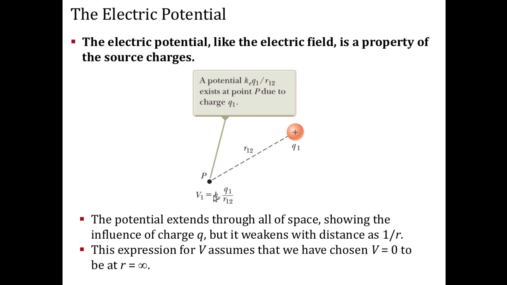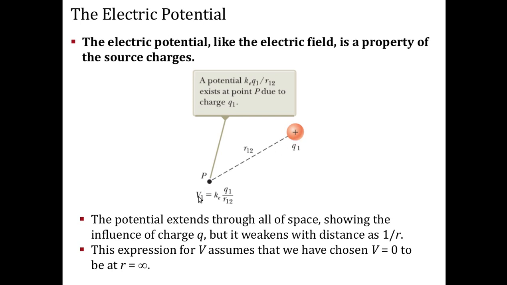Just like my gravitational potential at the beginning of this chapter, it's only dependent upon the charge of this particle right here. It's got nothing to do with what's here. It's just the value of the potential field at that location.